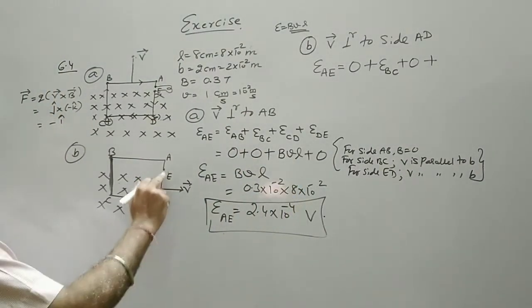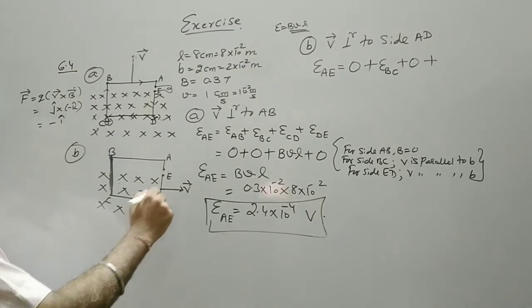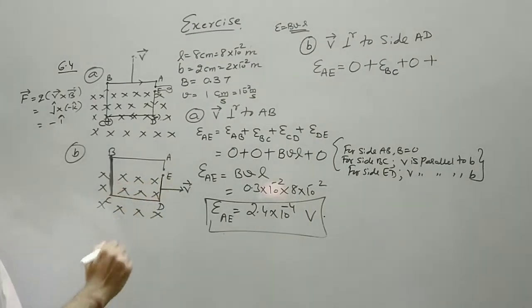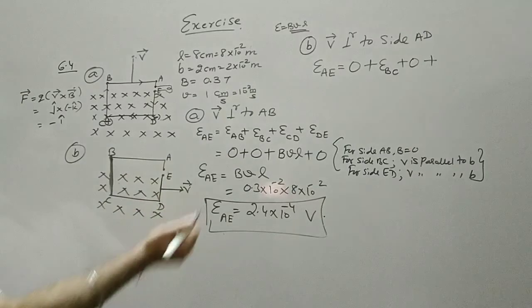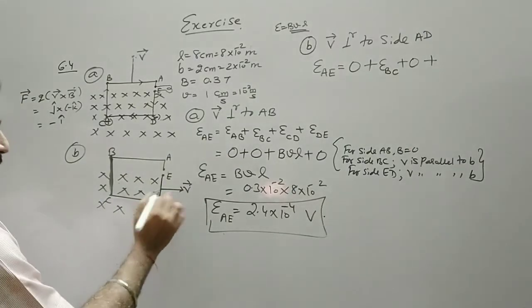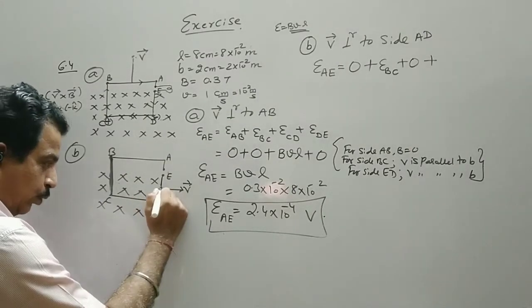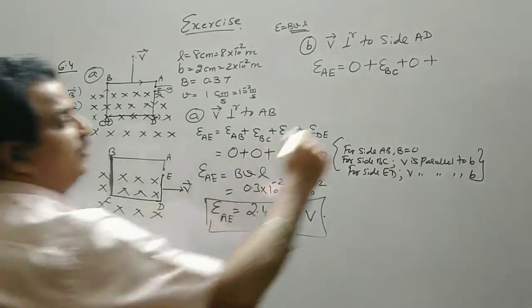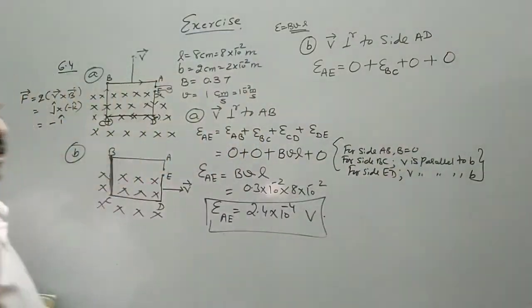So for DE, again we have this portion, it is taken outside the magnetic field, so this portion is outward, that is magnetic field is 0. So here also the magnetic field is 0.